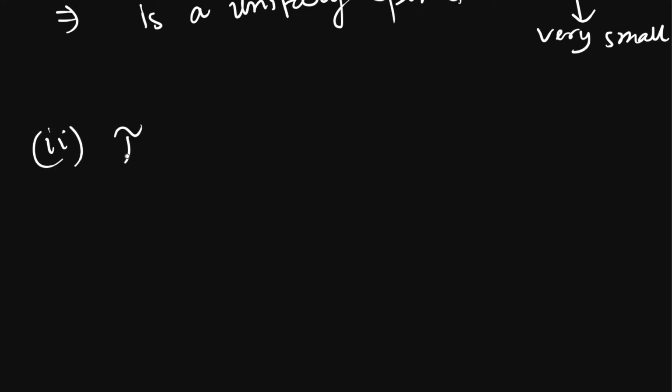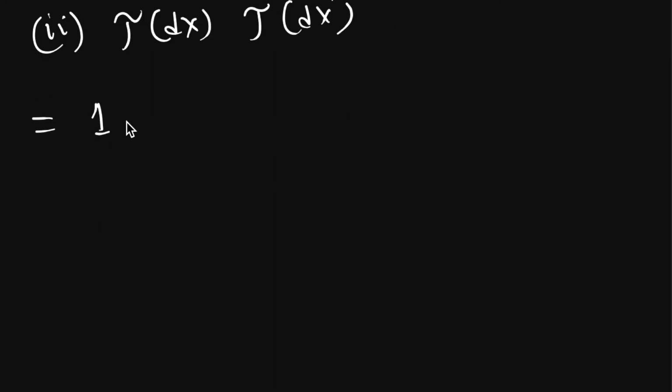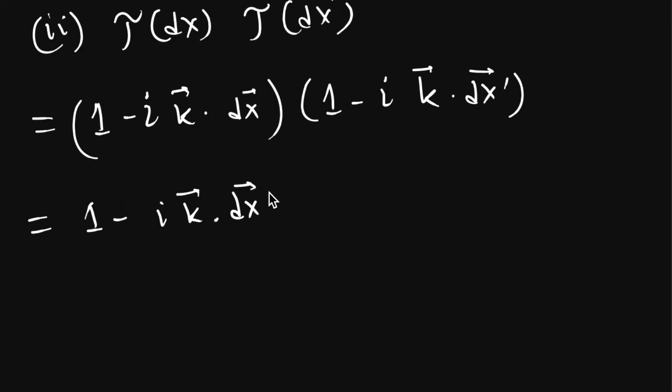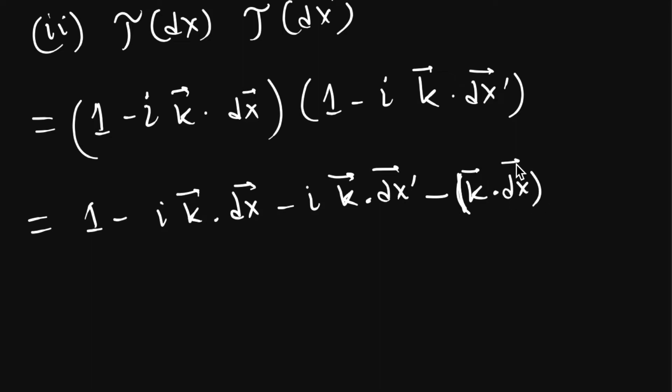Property number 2: tau dx prime tau dx is equal to 1 minus i k dot dx into 1 minus i k dot dx prime, which is 1 minus i k dot dx minus i k dot dx prime minus k dot dx into k dot dx prime.